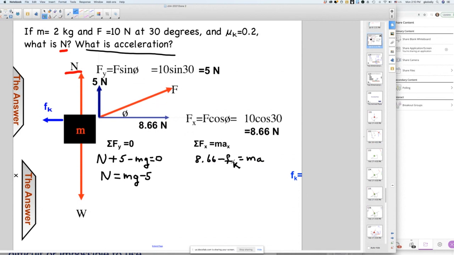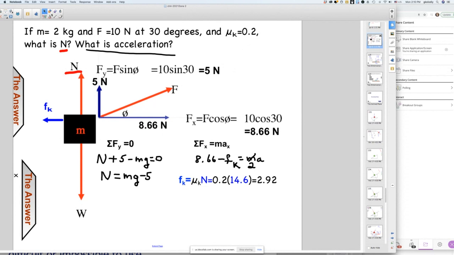Now, when there's no friction, we can just solve this equation for 8.66, where the mass is 2. But since there is a force of friction, the force of friction is equal to mu, which in this case is 0.2, times the normal force, which is mg minus 5.